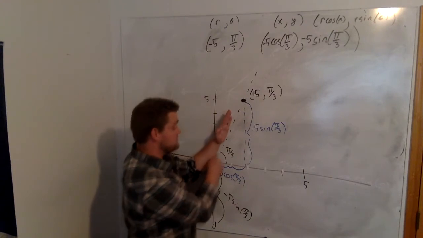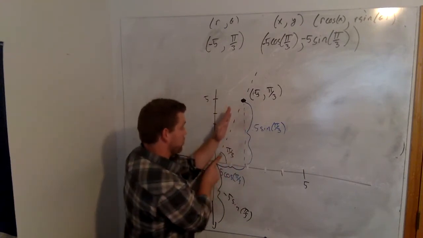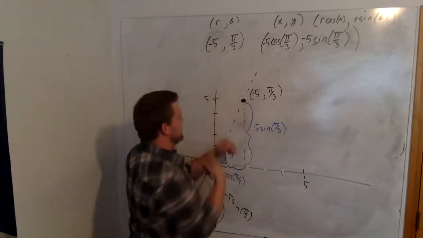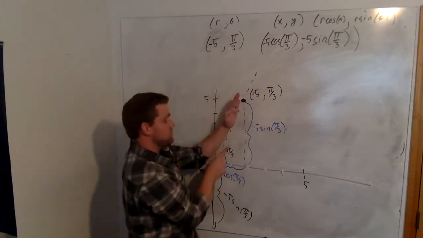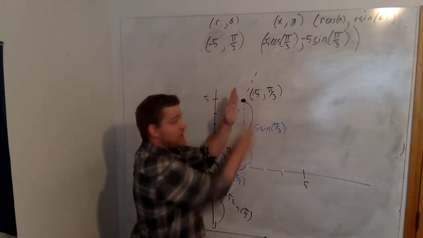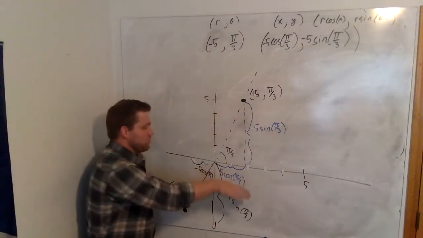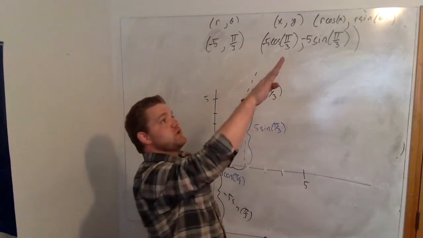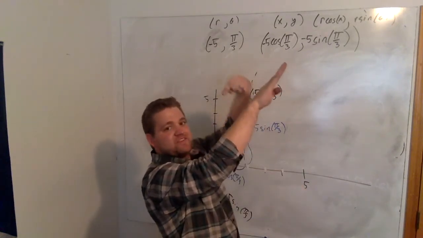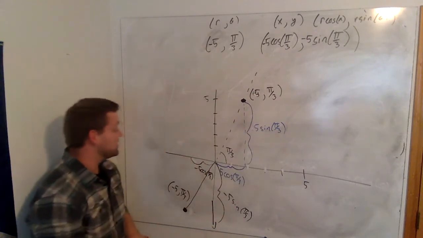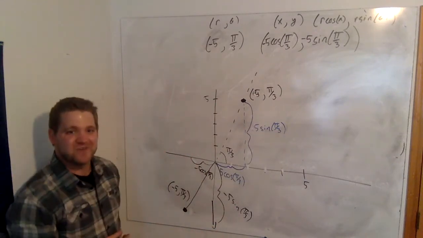So you'd be going this direction, the forward direction, 5 units. If it's a negative radius, we're still rotating pi over 3, but instead of going in this direction 5 units, we go in the other direction 5 units. So rotating pi over 3, if it's a positive radius, go that way. If it's a negative radius, go in the other direction. So that's a way we can understand negative radiuses.